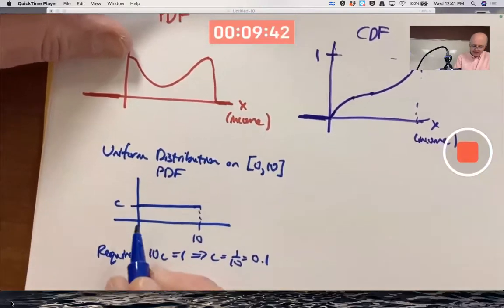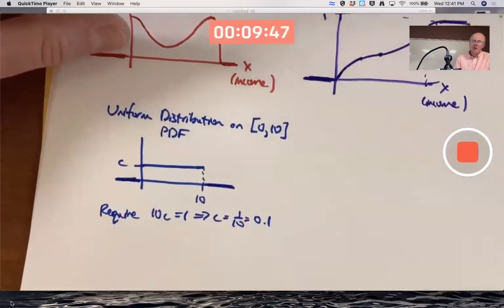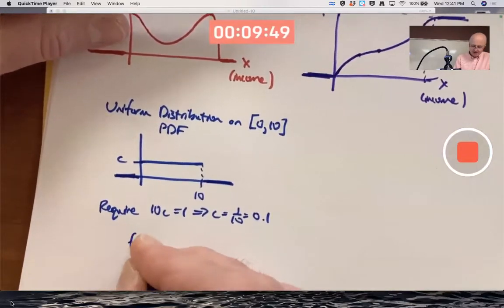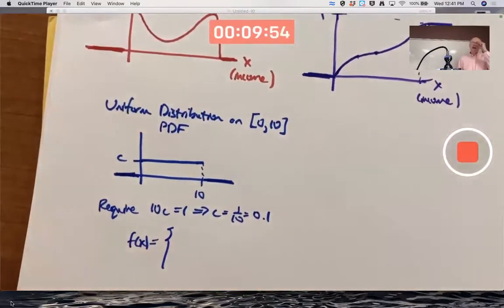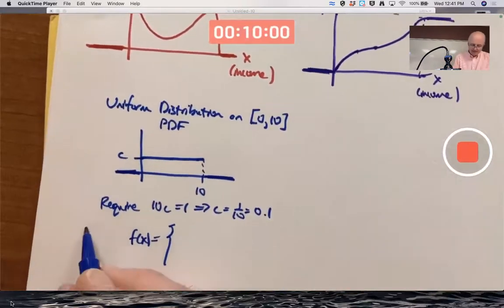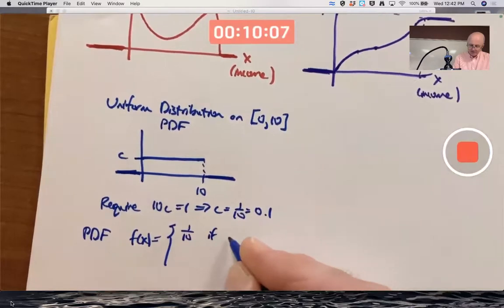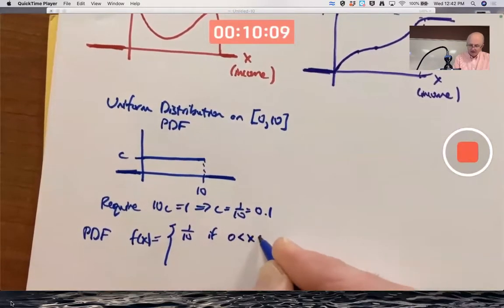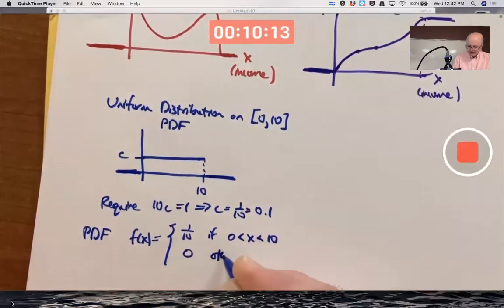Technically speaking, the function is 0 elsewhere. And if I write its formula, I should really write it as a piecewise function. Little f of x, I'm going to call it little f and capital F today. We called it little p and capital P on Monday, is going to be my PDF here. It technically is a piecewise function. It's equal to 1/10 if x is between 0 and 10, and it's 0 elsewhere, 0 otherwise.